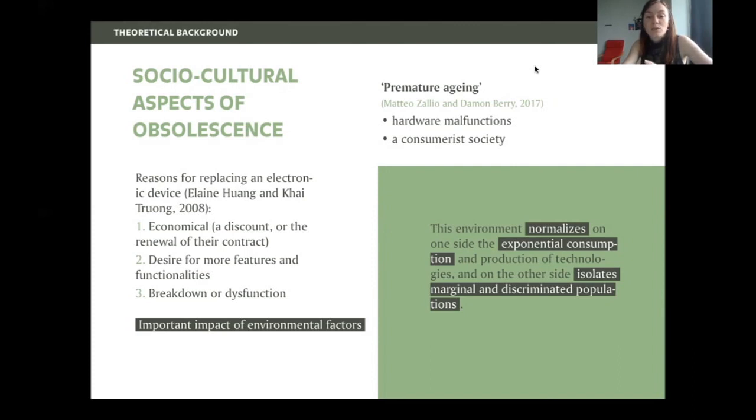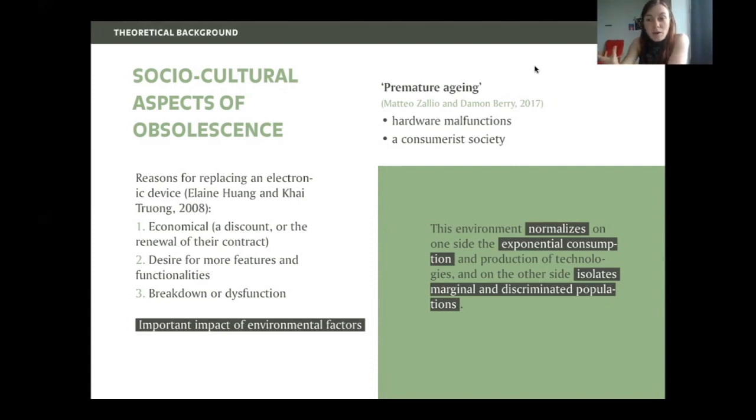So this relates to the hardware malfunctions that Matthias Zayu and Damon Barry present when they propose premature aging as a term for obsolescence, which relates more to a process actually.